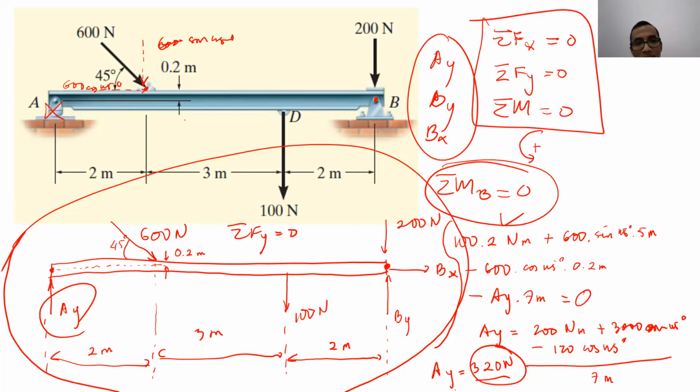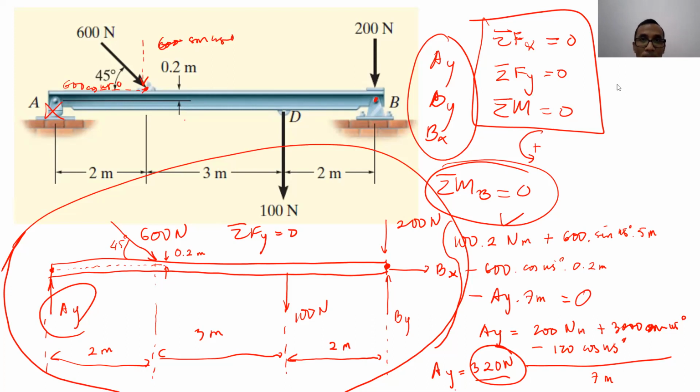That's correct. But the same is not true for Ay and By, because there are two forces. The total of Ay and By will be the same as the total of all other vertical forces, because we have two forces. You understand what I mean, right?